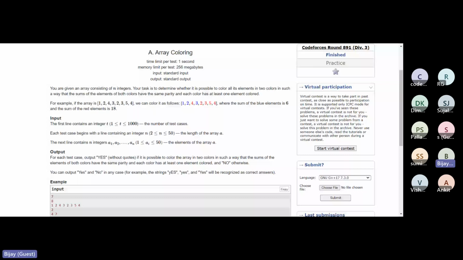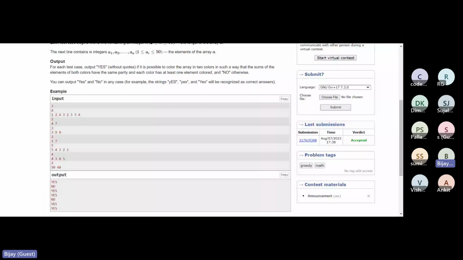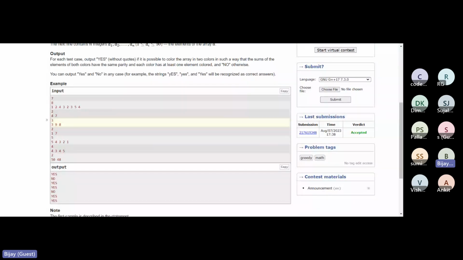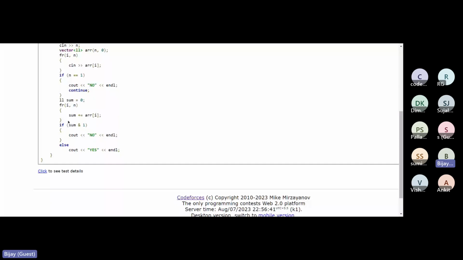If the sum of the array is even, we conclude that yes, it is possible to color the array in two different colors, and if the sum is odd, it's not possible. The solution is very simple, and the code is we simply find the sum of the array and check whether it is odd or even. If it is even, we conclude yes, it is possible. I hope it's clear.